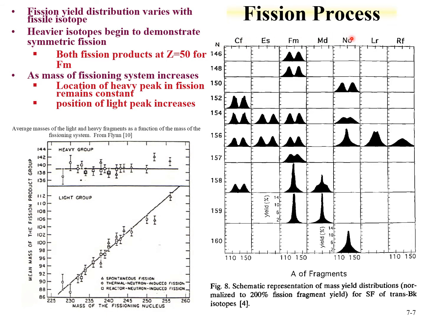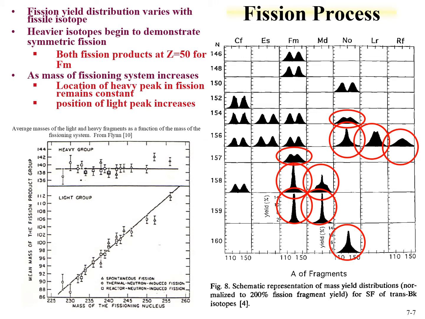These are the different isotopes. We can see that those in the circles here are all symmetric. So we can definitely understand that the fission distribution is a function of, we've already shown, the energy, but also the fissile isotope that's undergoing fission.